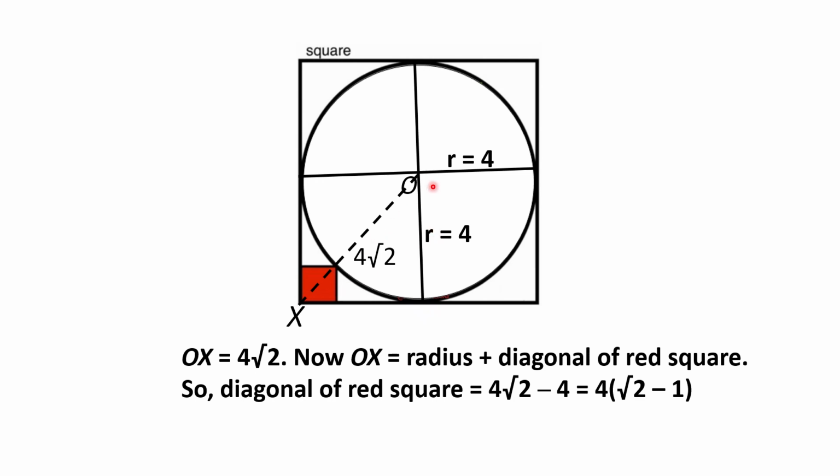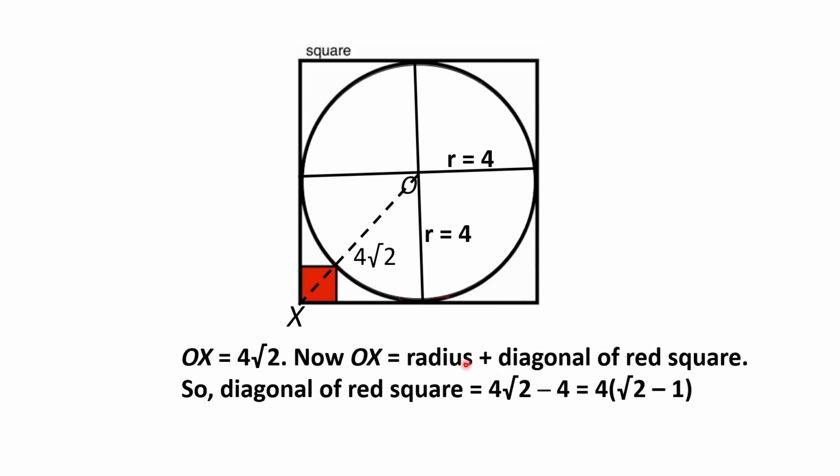Now this OX is radius till the white part, then in the red part it is the diagonal of the red square. So OX, which is 4 root 2, is radius plus diagonal of the red square.